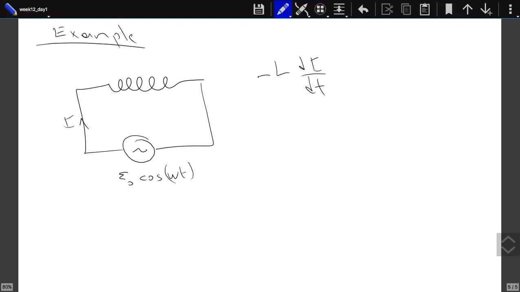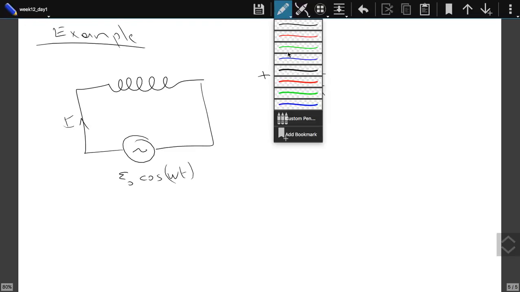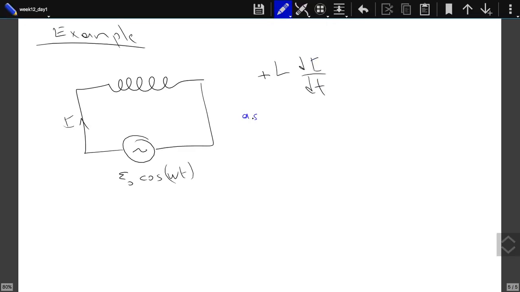So it's positive. Positive or negative? Let's write it down. Assume the dI by dt is positive. Then the inductor will push the current in the other way.